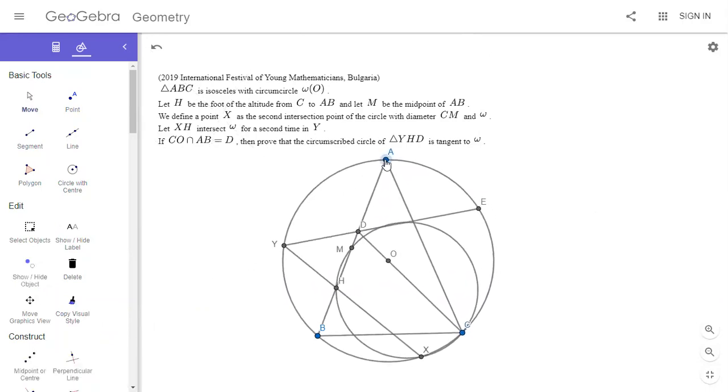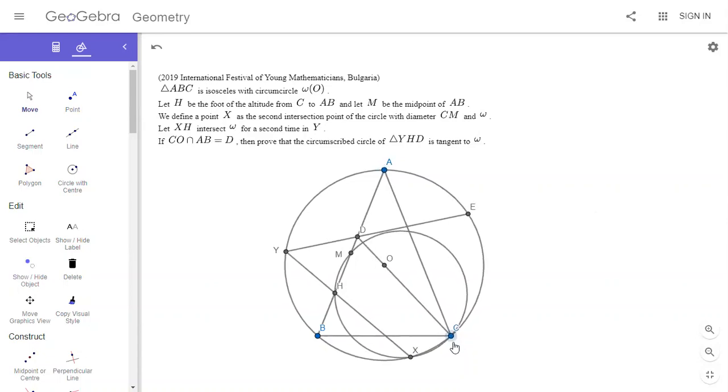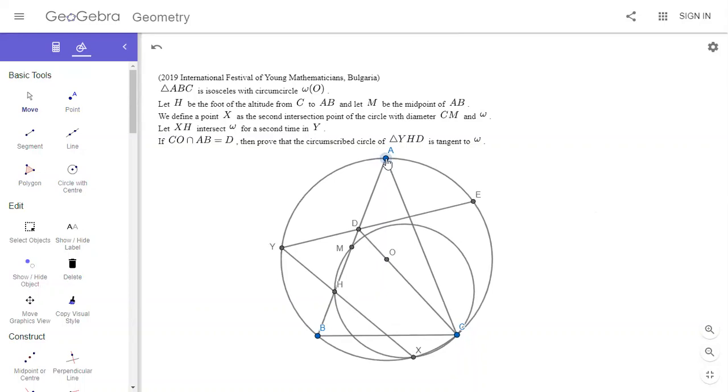If we could show EX is parallel to AB, that would solve the problem. Feels like Reim's theorem, doesn't it? Or Reim's theorem, I don't know how to pronounce it.